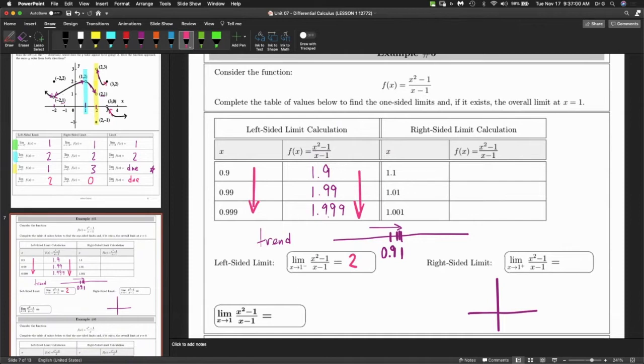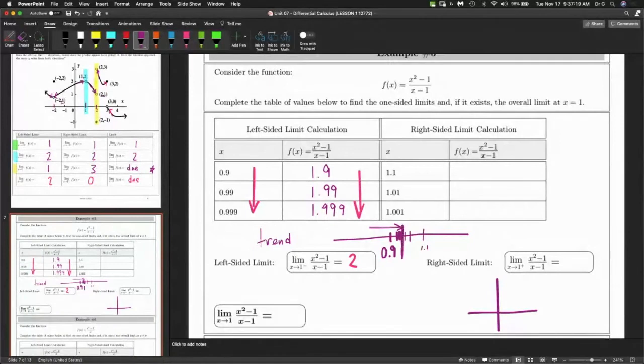If you've succeeded with these calculations, you can go over here and try the same thing with 1.1. So if you put 1.1 in here, it's like you're over here now. Let's say that you're at 1.1, and then you would get something. And then if you put 1.01, you're over here, and then 1.001, you're over here.